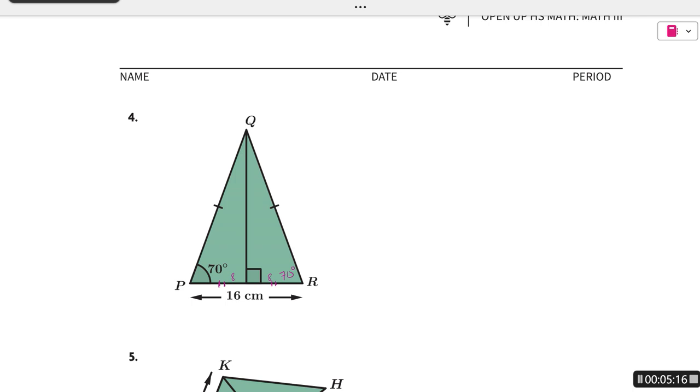Now, this is really helpful because we need to find this height. To find that height, we can use tangent. So we can say tan of P, which is 70 degrees, is equal to opposite, which is our height, over 8. So if I need to find my height there, I can do 8 times tan of 70 degrees. We already know our base is 16.